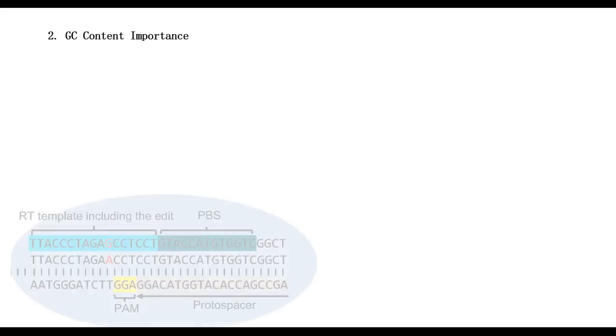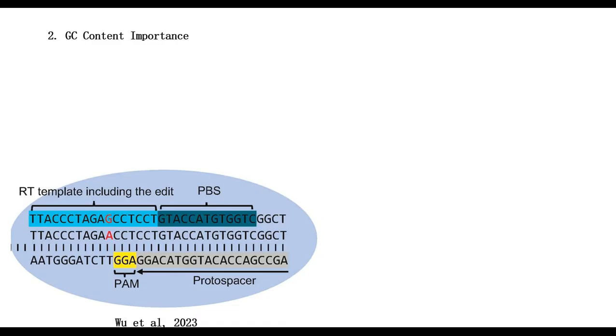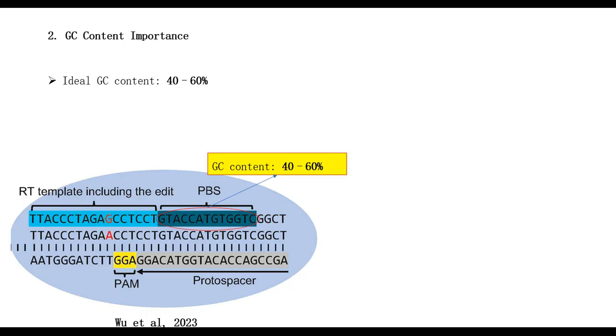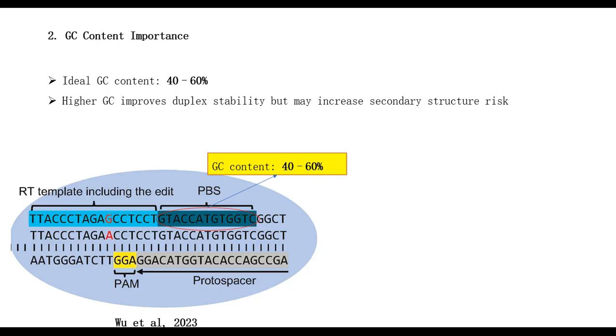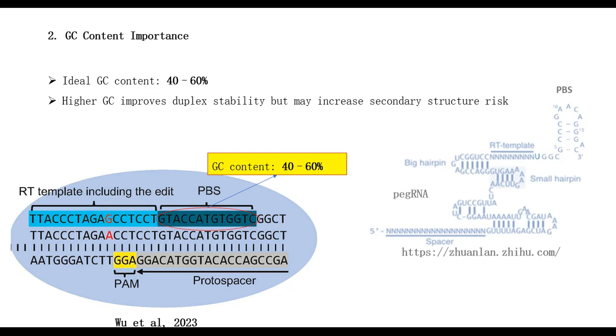Second, GC content importance. When designing the PBS region of a pegRNA, an ideal GC content falls within the range of 40 to 60%. This balance ensures optimal hybridization between the RNA and the DNA target. A higher GC content can enhance duplex stability due to stronger hydrogen bonding.